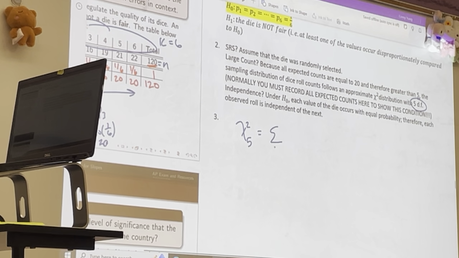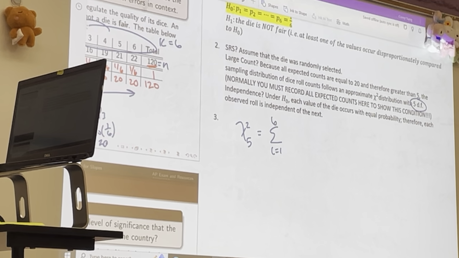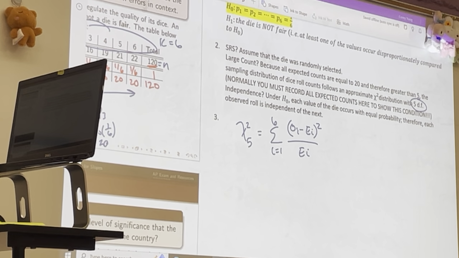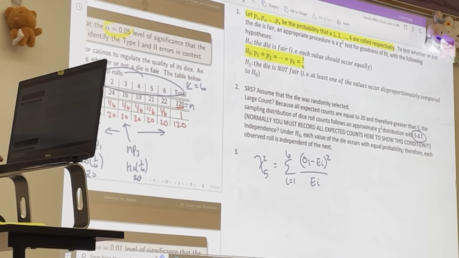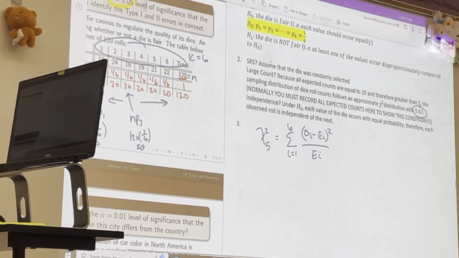This is going to be the sum of i going from 1 to 6 of (O_i minus E_i) squared, divided by the expected counts. Now, for these problems, I would just write out a few of these. You do not have to write all 6 of them.